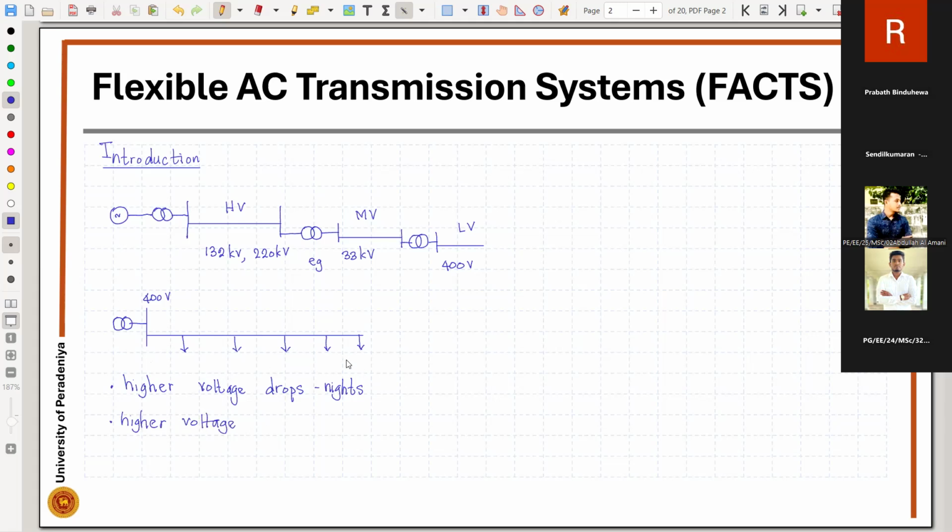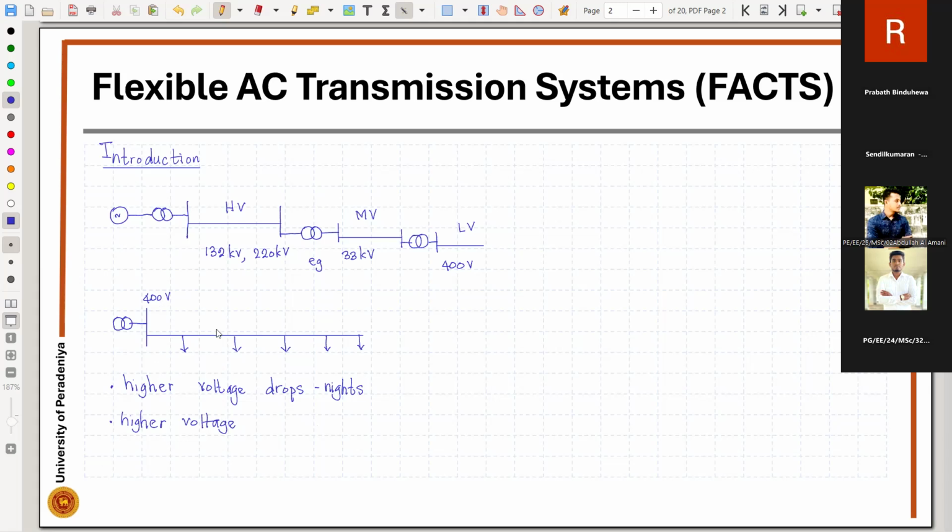The consumers towards the end of the distribution line experience voltage drops in the night. The consumers closer to the transformer can experience higher voltages, especially in light loaded conditions. So these are the possible problems that we can see in distribution lines.